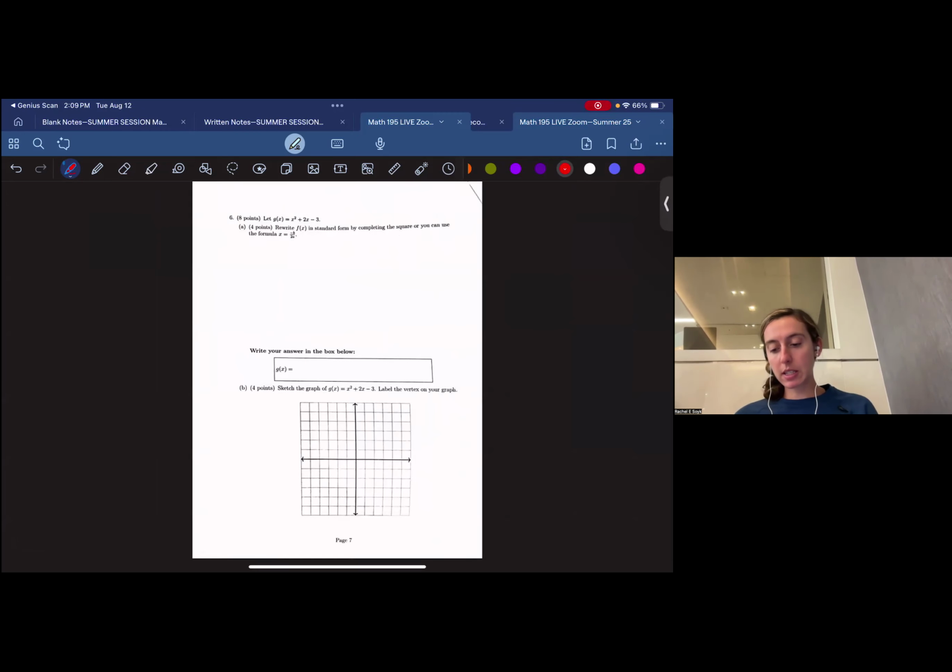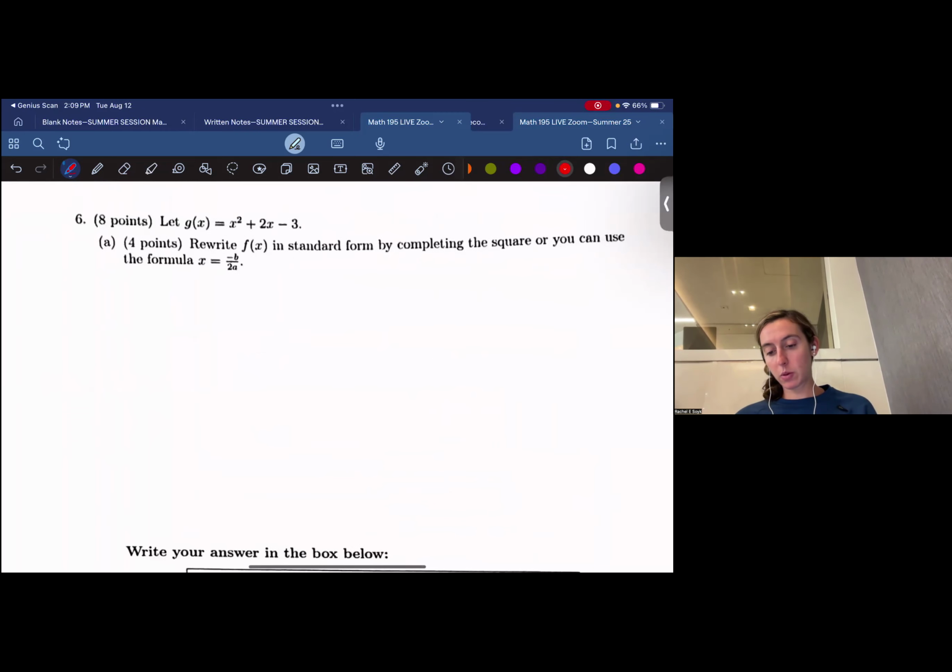Okay. Question 6, we're given a quadratic function. We want to rewrite our f of x in standard form by completing the square, or we can use the formula axis of symmetry, negative b over 2a.